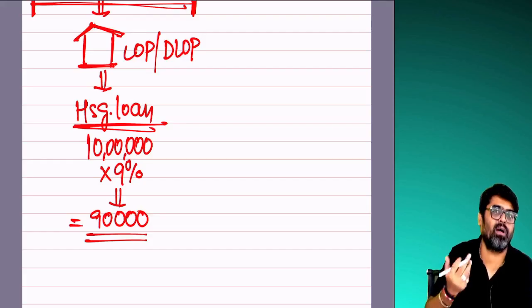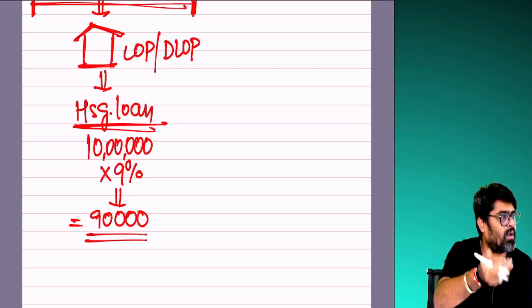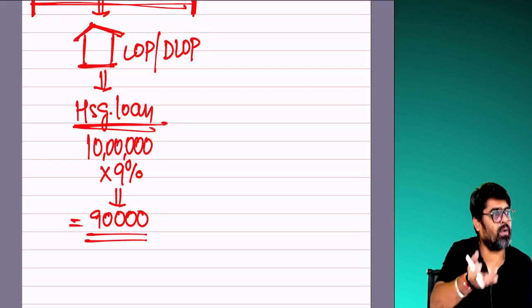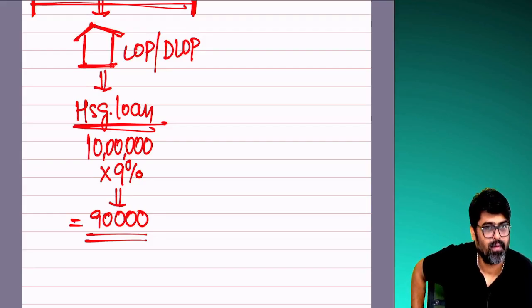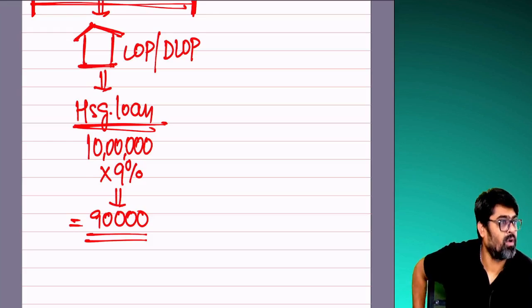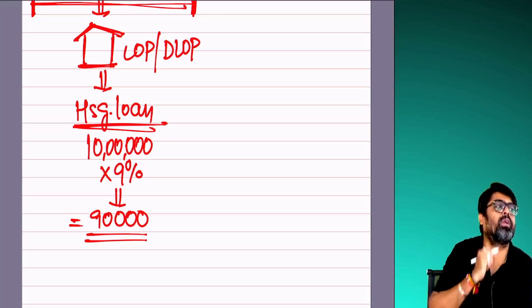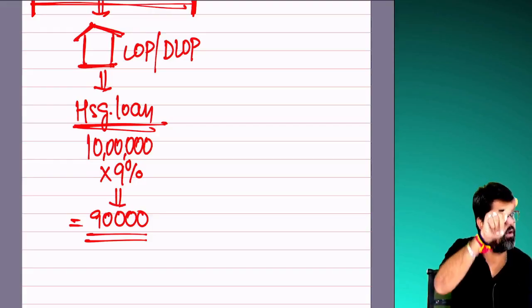So how much is the loan outstanding in May? 10 lakhs. So on that 10 lakh, you will pay 9% for May also, 10 lakh into 9% into 1 by 12, again 7,500. June: have you repaid any principal? No. So in the month of June also, 10 lakh is outstanding, and on that you will pay 9% for June also, into 1 by 12.